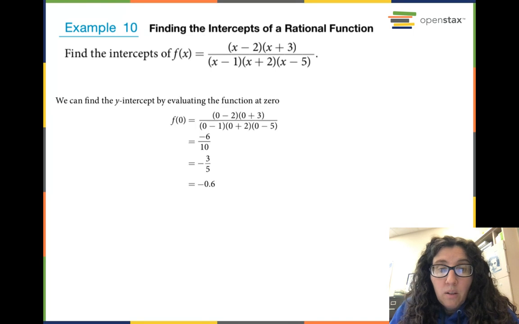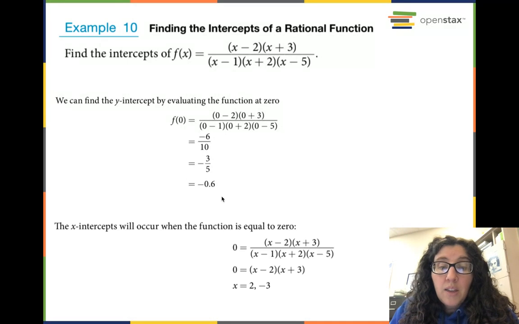Okay, well, the y-intercept happens when x equals 0, right? So we can just plug in 0, evaluate this function at 0, just like we would with a quadratic, with any other kind of function. And we get -0.6. Where the x-intercept is going to happen? The x-intercepts are going to happen where the whole function is 0, and that's going to happen where the numerator is 0.